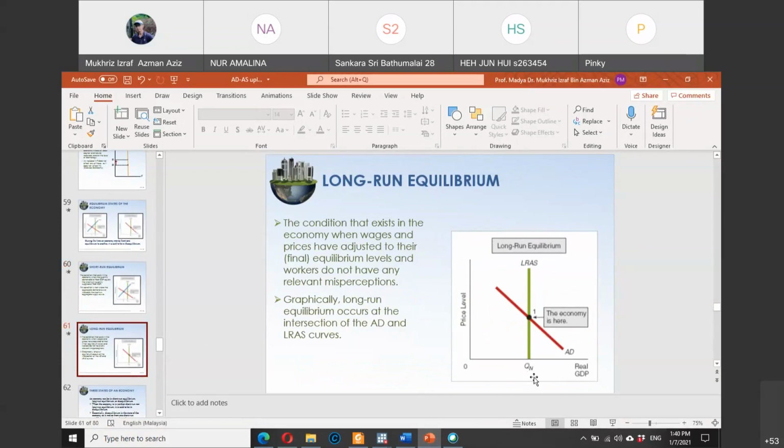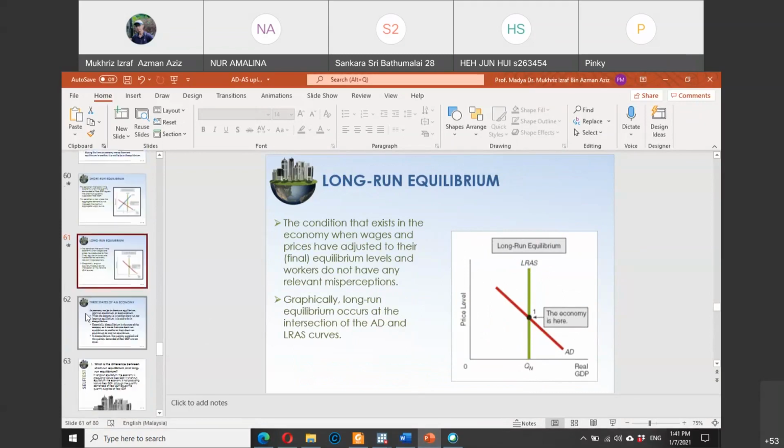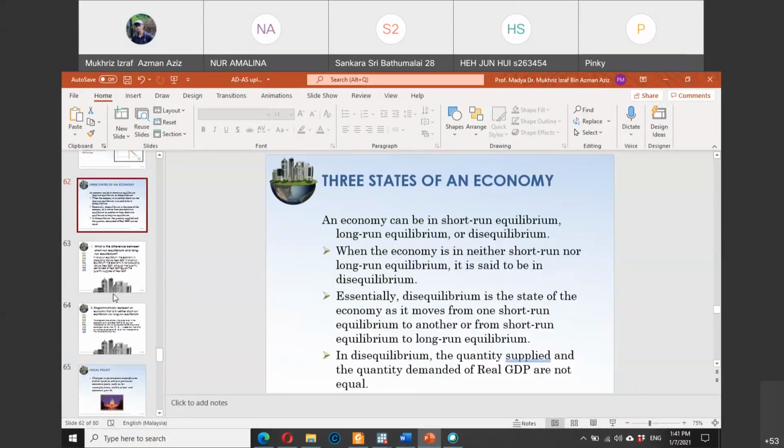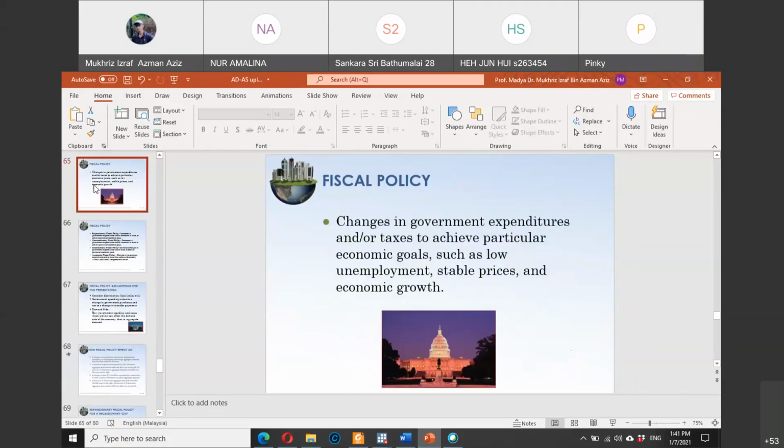The QN here refers to the natural real GDP, so remember the subscript N refers to natural real GDP. Then we go straight to fiscal policy and also monetary policy.